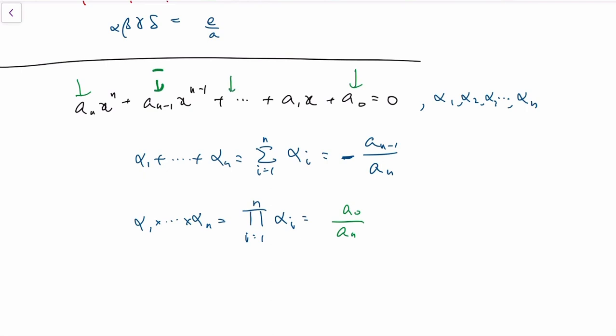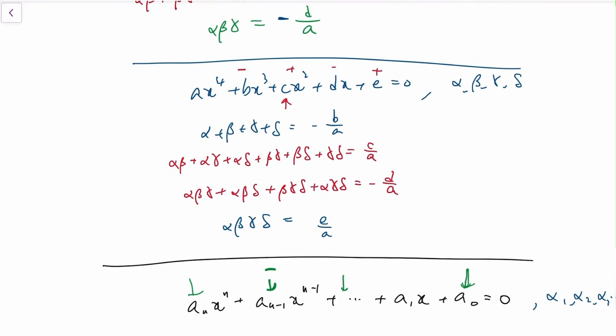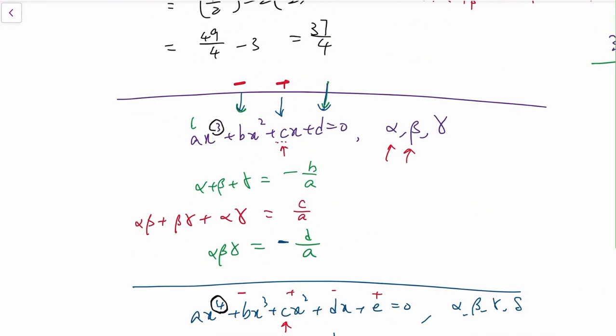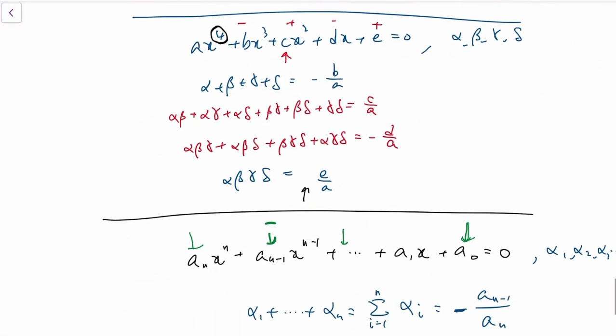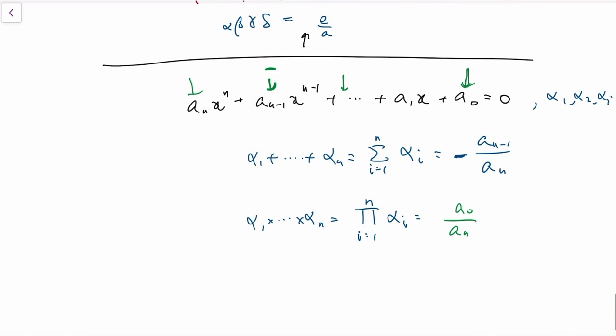Well, but then how do I know what's the sign of this last one? Well, you can look at the fact that if the power is 4, the product of roots is positive, but if the power is 3, the product of roots is negative, which means this should be positive if the starting power is even, but negative if the starting power is odd.